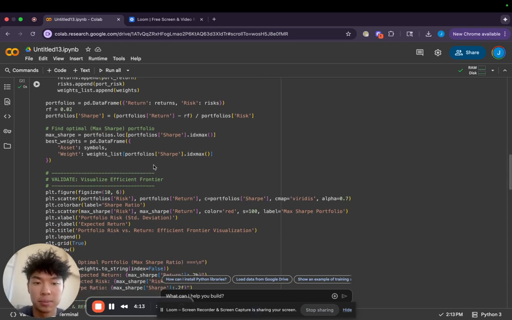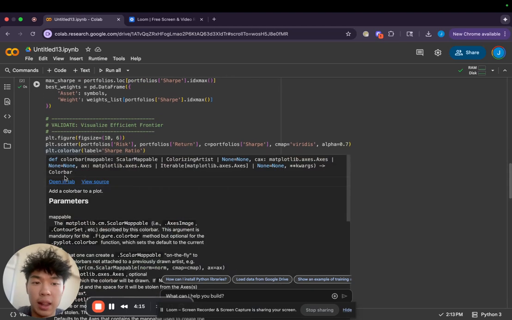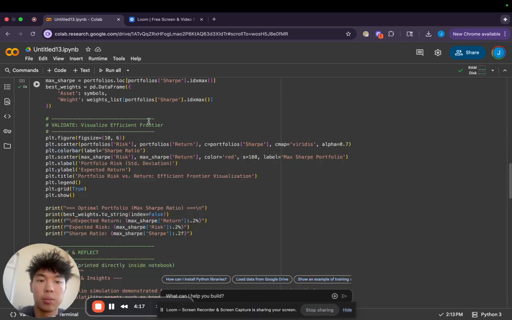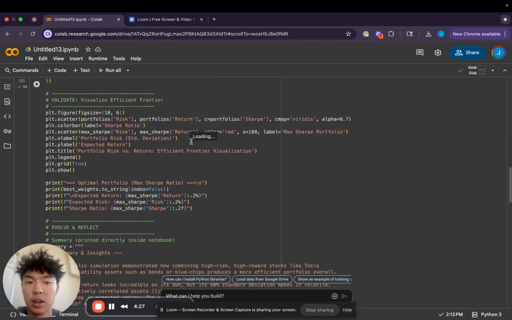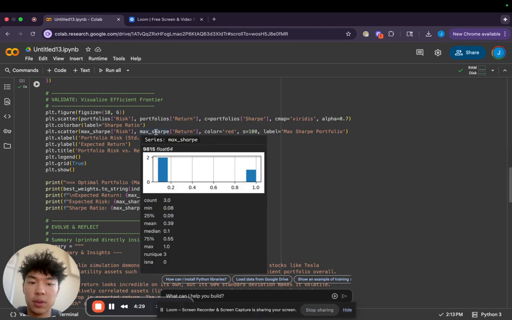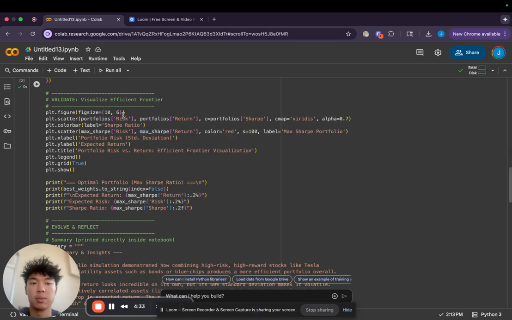And what surprised me most is that bonds, even with the low return, played a huge role in pushing the overall risk down. Now looking at validate, I wanted to know how the optimized portfolio compared to simply holding the S&P 500, which would show consistency. The index fund averages 12% return with 18% volatility, while the efficient mix returned about 14% with slightly less risk.